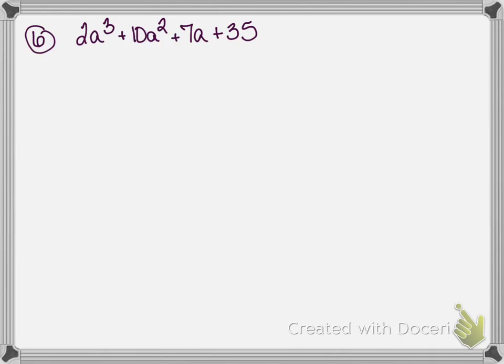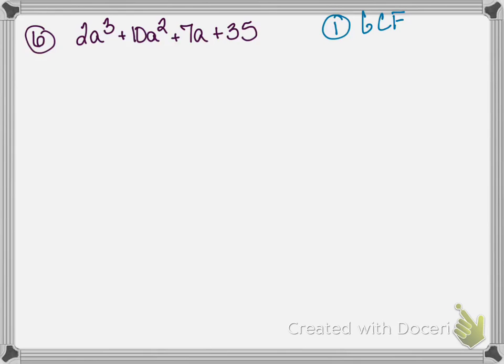Okay, the first thing that we always look at, always, we look to see if there is a GCF that I can take out of everything. Okay, that is our first step every single time, no matter what. Is there a GCF that I can take out of everything?